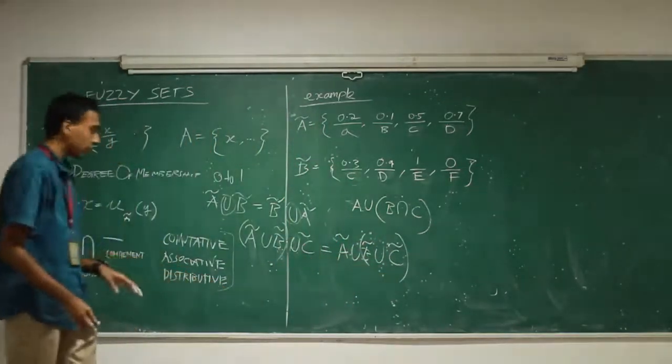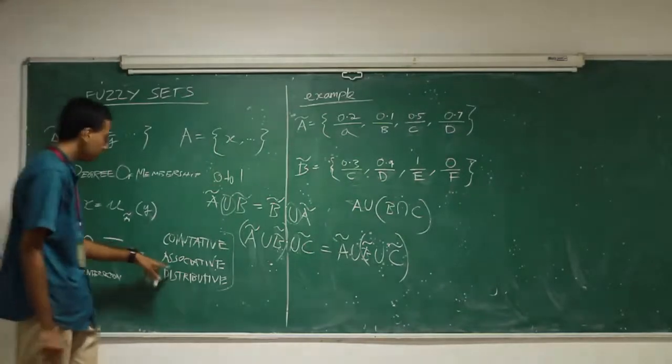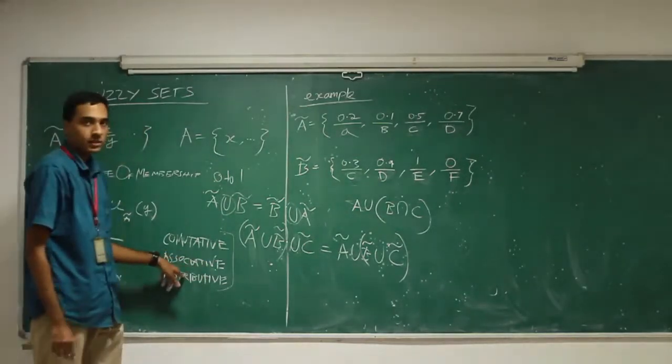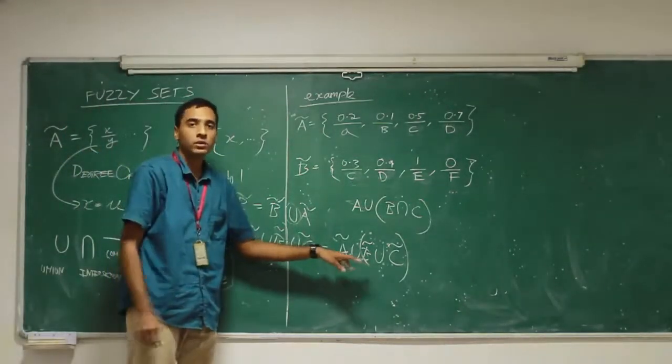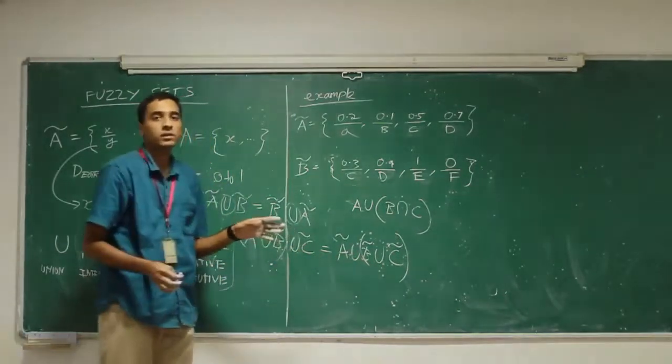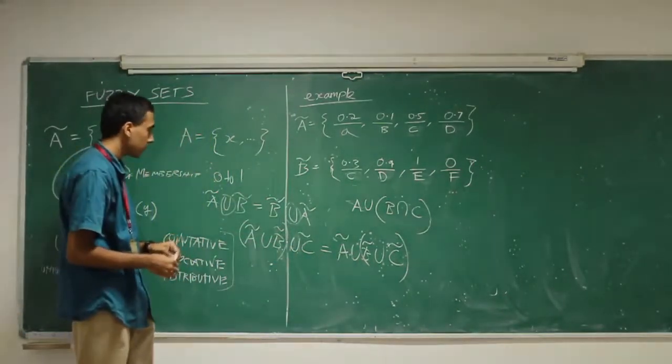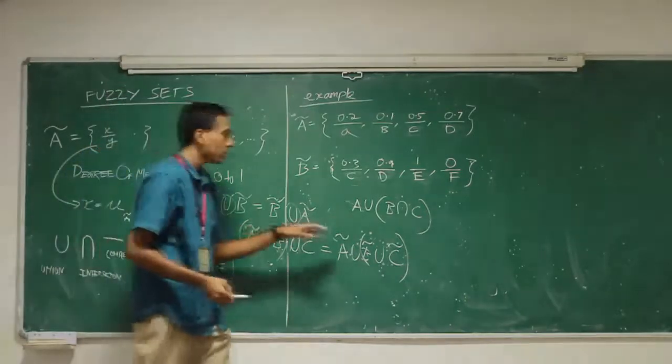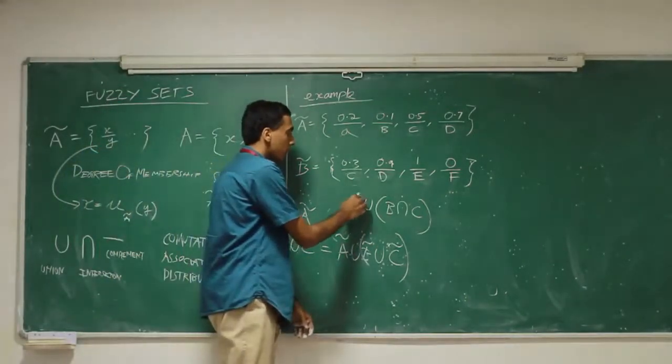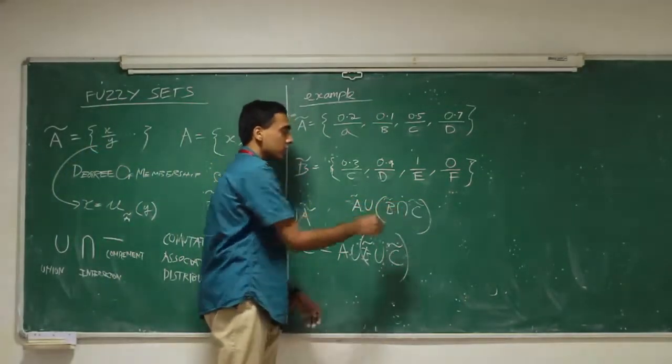So let's look at associative in detail. Associative rule basically means you can bracket this in any order, in any group you want, and the result would still be the same. In case of distributive, we have one operation here and another operation inside.